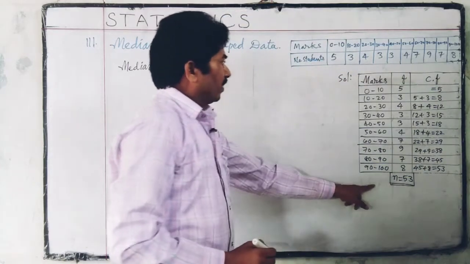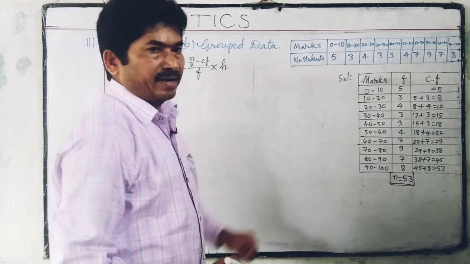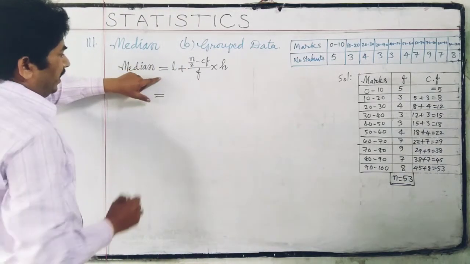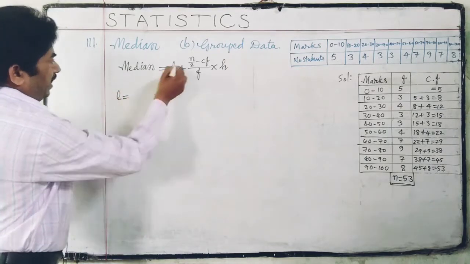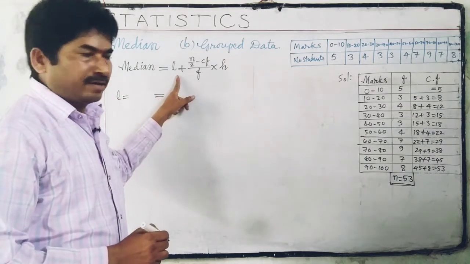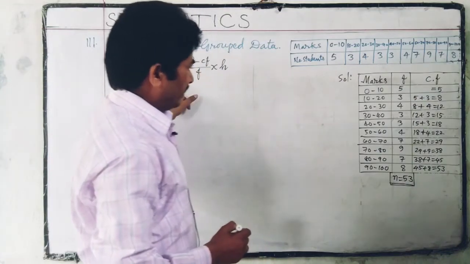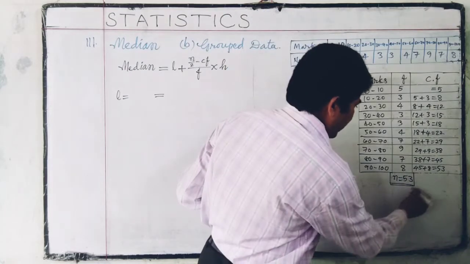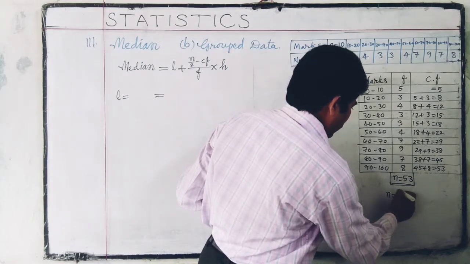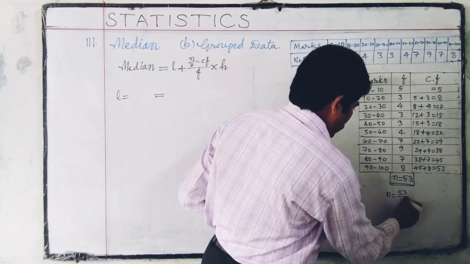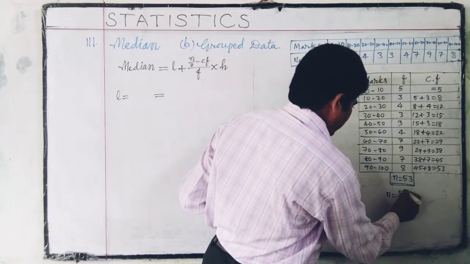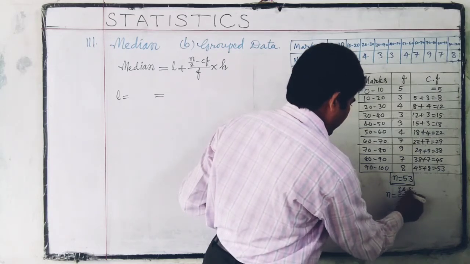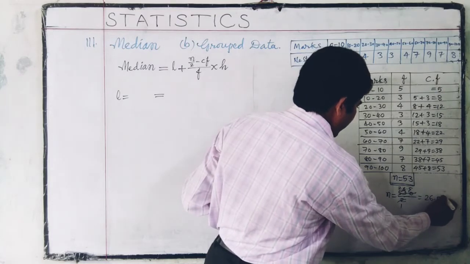And we have to find the median class. What is the median class? Here L is the lower boundary of the median class. Where is the median class? We have to find the middle value by dividing n by 2, 53 by 2, which is 26.5.